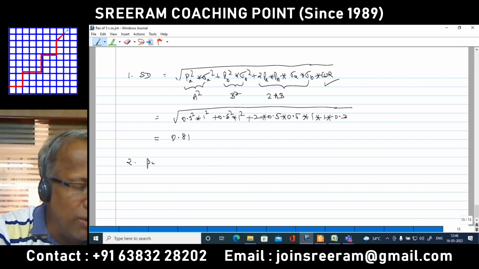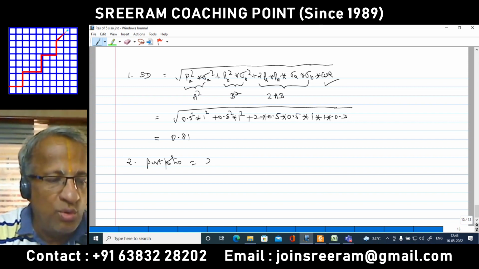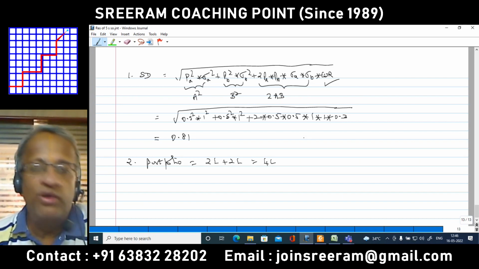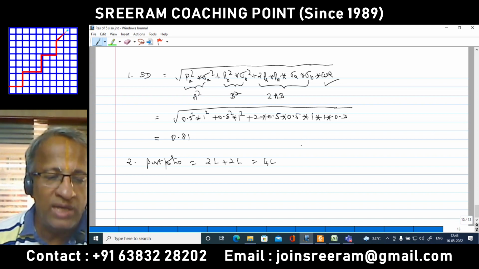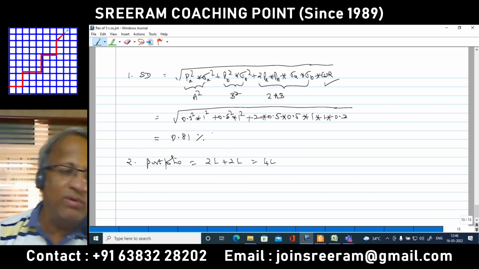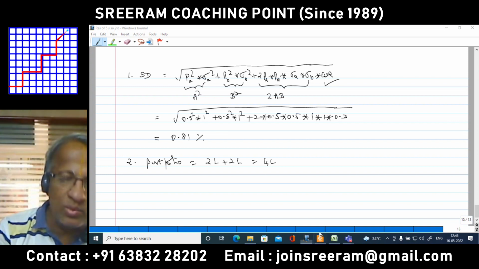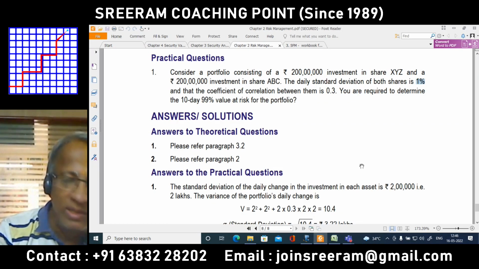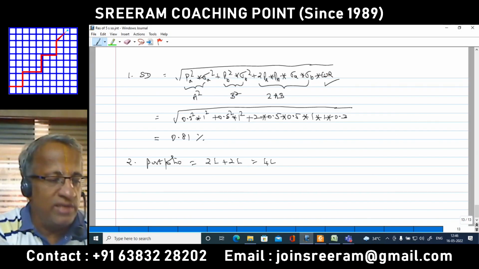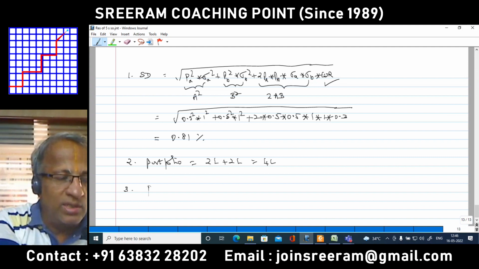Second input is portfolio value. Portfolio value is 200 lakhs plus 200 lakhs, which is equal to 400 lakhs. Now the earlier one that we have computed, what they have given us as 1% in the problem, by putting them into the formula, it is 0.81% that you get. What is the third one?